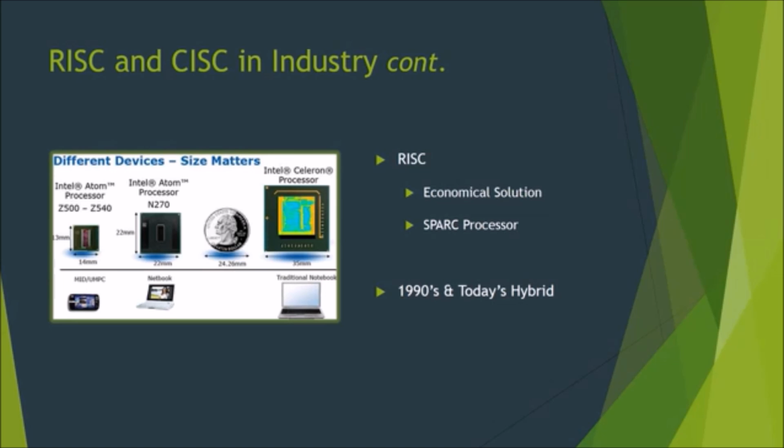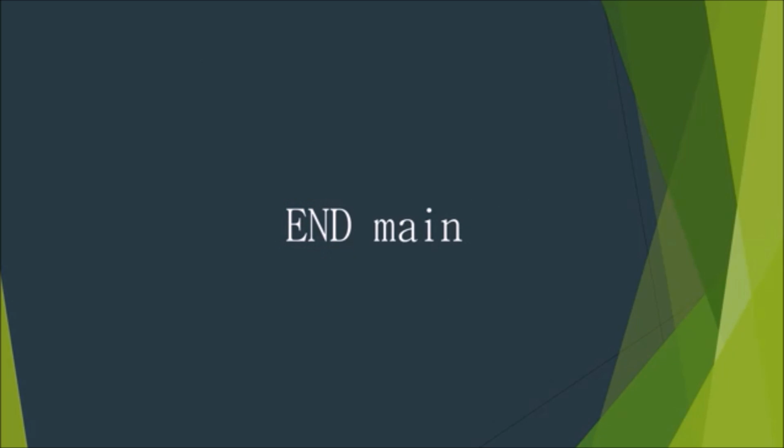Their simple structure allows them to be diversely integrated and also power efficient, which is of paramount importance to today's mobile technologies. To summarize, the main difference between CISC and RISC architectures is their approaches to coding. CISC assembly language is more complicated than RISC assembly language, while RISC assembly language relies on simplicity.